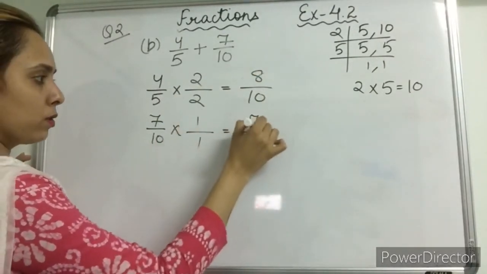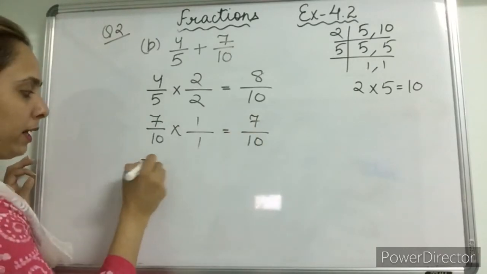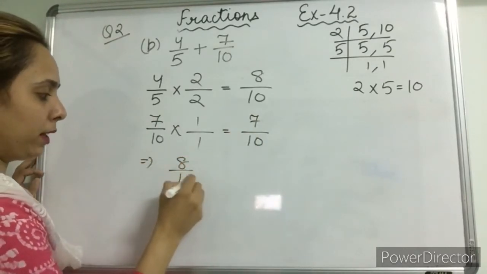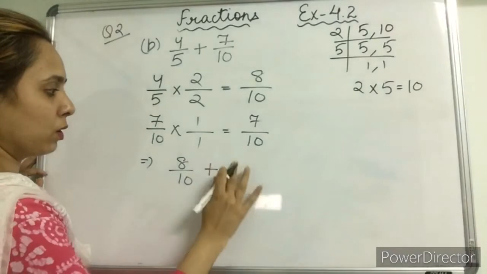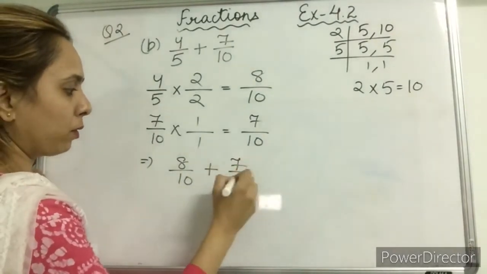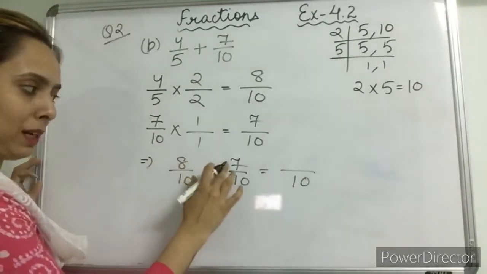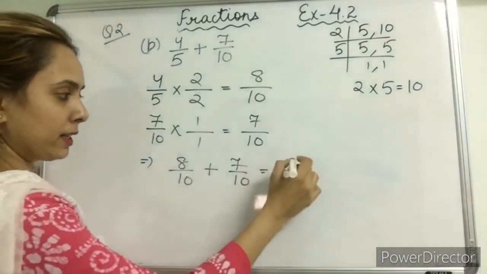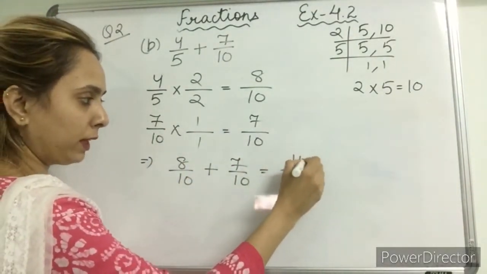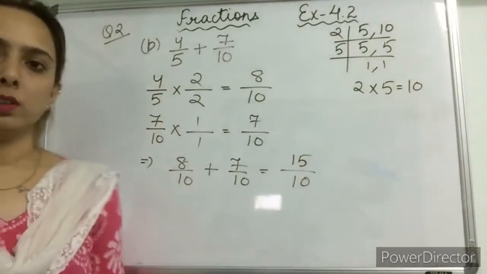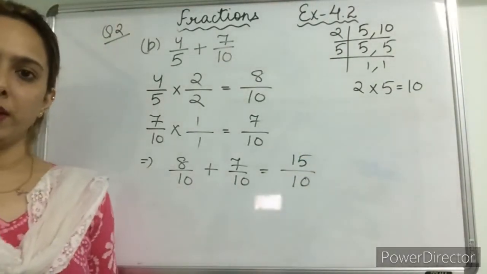So again here we will have 8 upon 10 plus 7 upon 10. So we will get the answer as 8 plus 7 is 15. So we have got the answer as 15 upon 10.